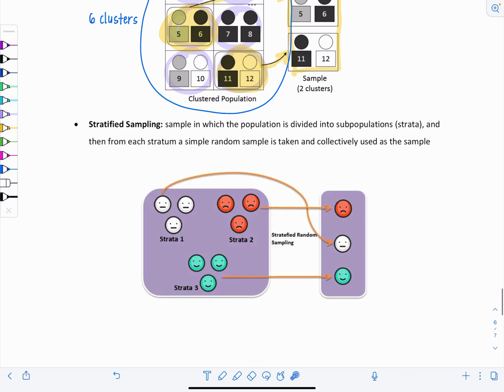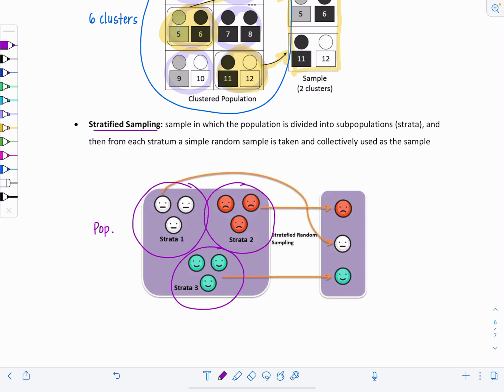Stratified sampling is a wee bit different. So what happens is the population is divided into subpopulations. So here's the population, and we divide it into, in this example, 3 subpopulations or 3 strata. 1, 2, 3. Then from each stratum, a simple random sample is taken and collectively used as the sample.